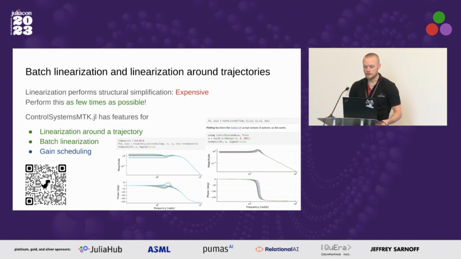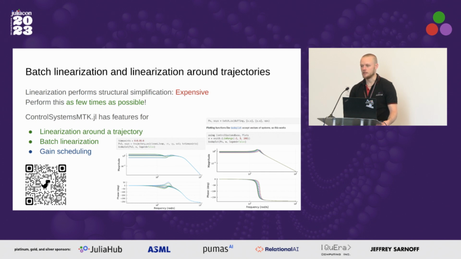And the linearization contains one step that is rather expensive. It's the structural simplification of the model that ModelingToolkit does. So we would like to do that preferably only once, and we can do that. There are some utilities here in ControlSystemsMTK called trajectory_ss and batch_ss.